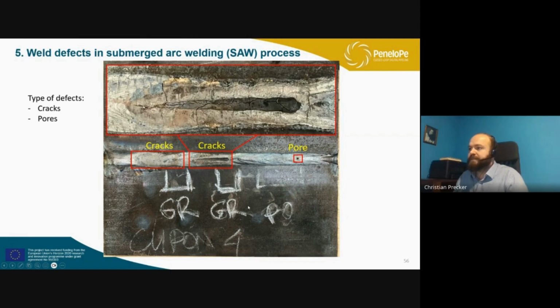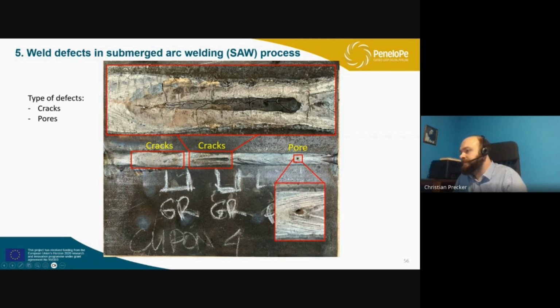Let's increase the image and have a look at the cracks. So you can really see here the crack formations on the weld. So this is one of the kinds of defects I just showed you. And also the pore. You can see here a hole. So it's a pore that was formed during the process.